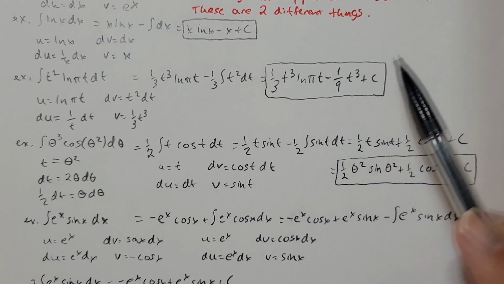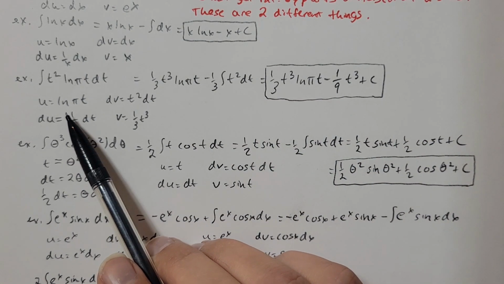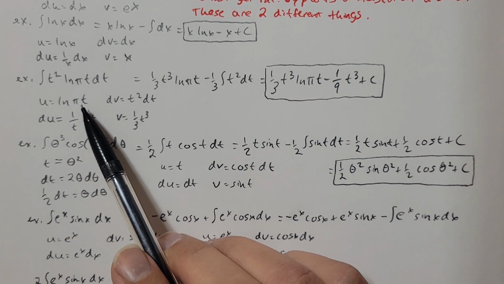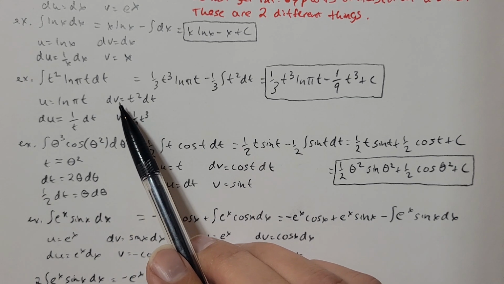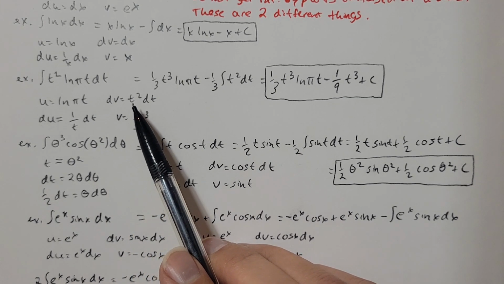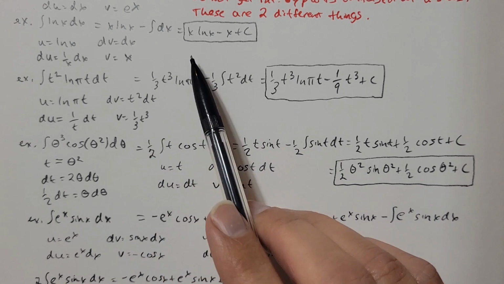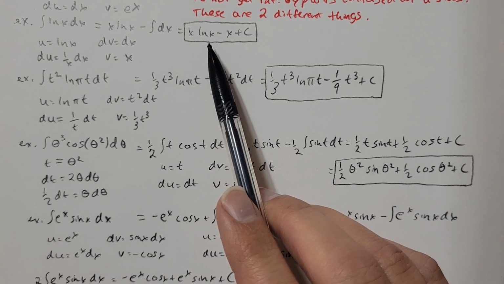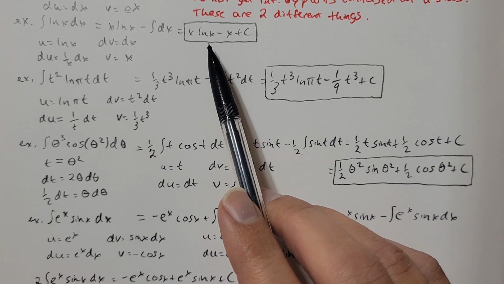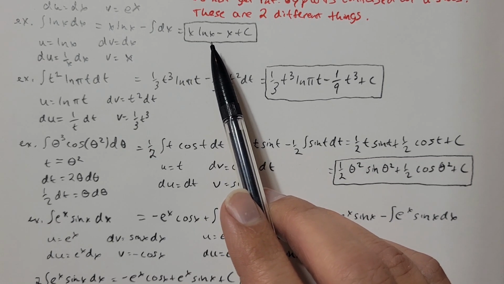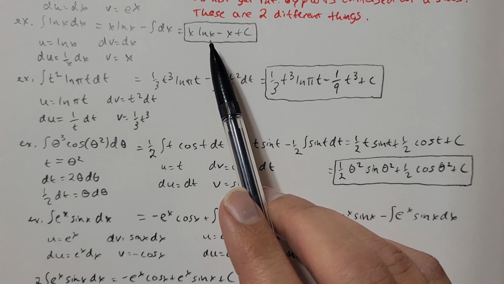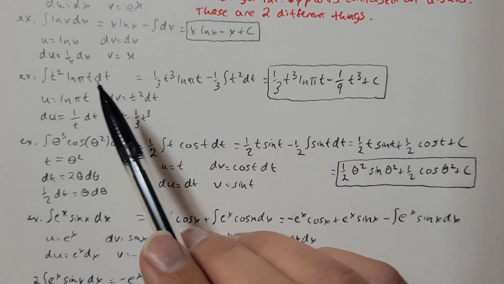Well, I'm going to let u be the ln of pi times t. I would not let dv be the ln of pi times t because this is the antiderivative of the ln of x, right? So the antiderivative of the ln of pi times t would be something with the u substitution in it.